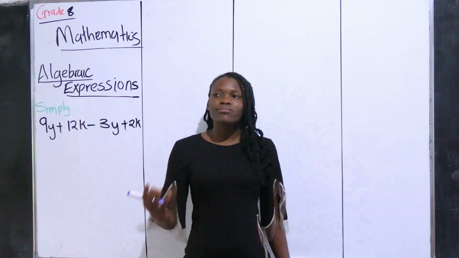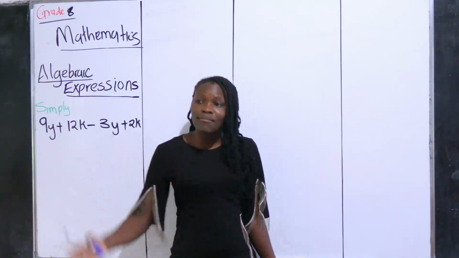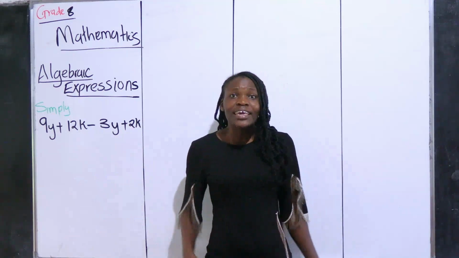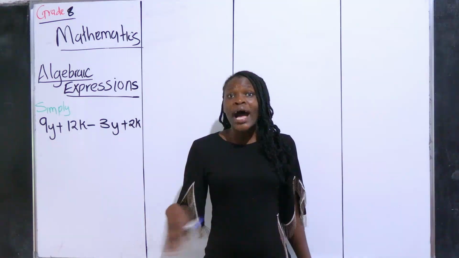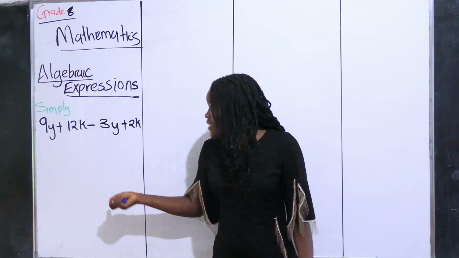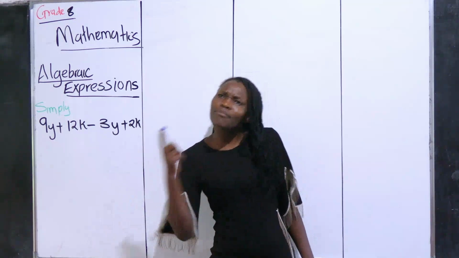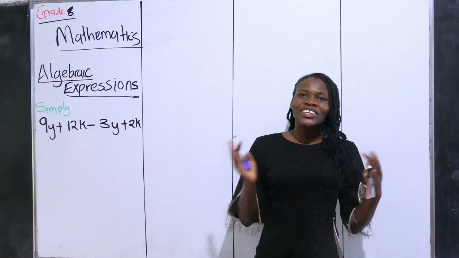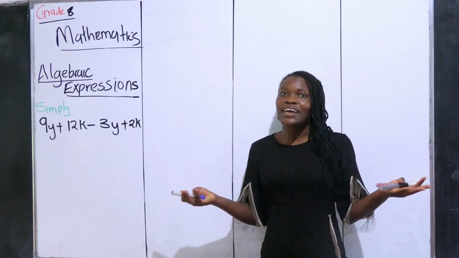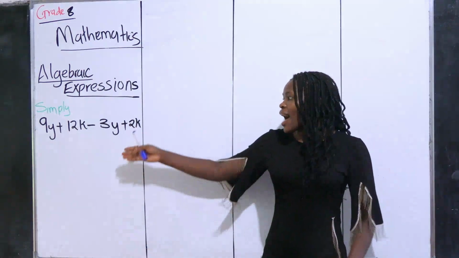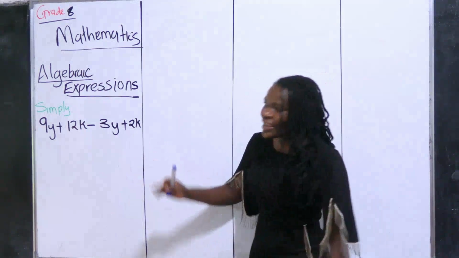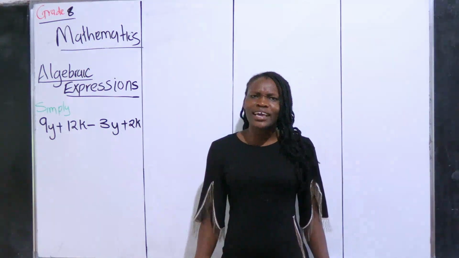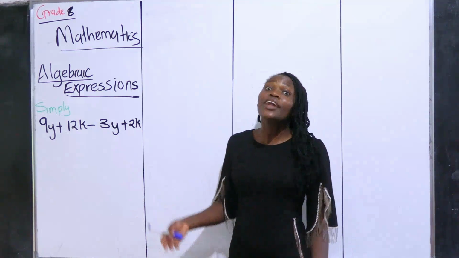Unknowns are numbers represented by letters like k. What is k? K is a number that we don't know, and we say let k represent that number. That is why we call them unknown numbers. They are represented by letters like k, y, or x, any letter you want to use to represent the unknown number.